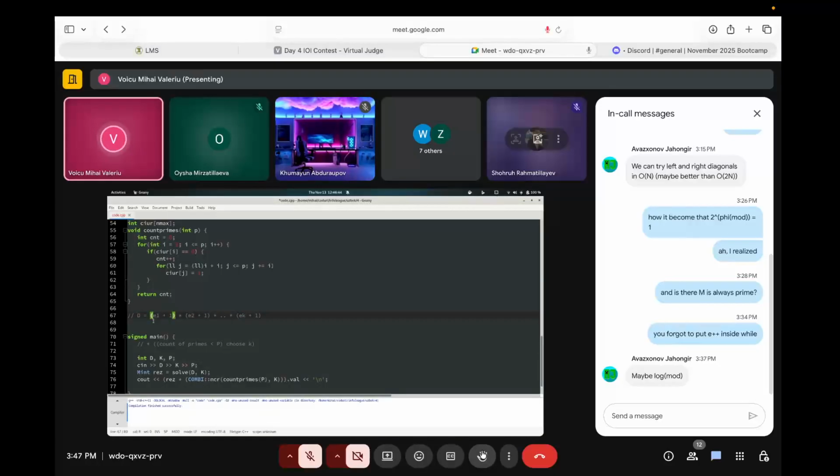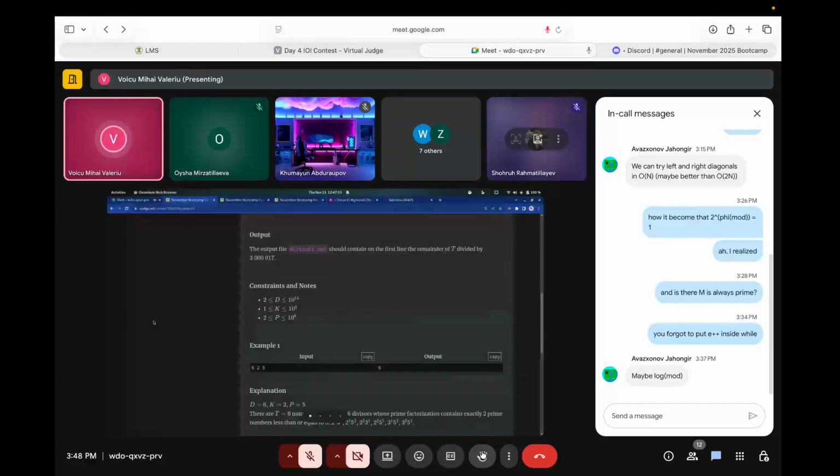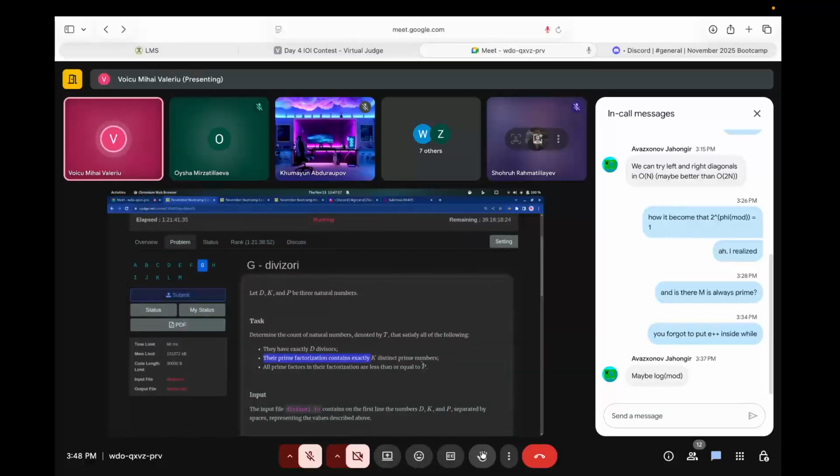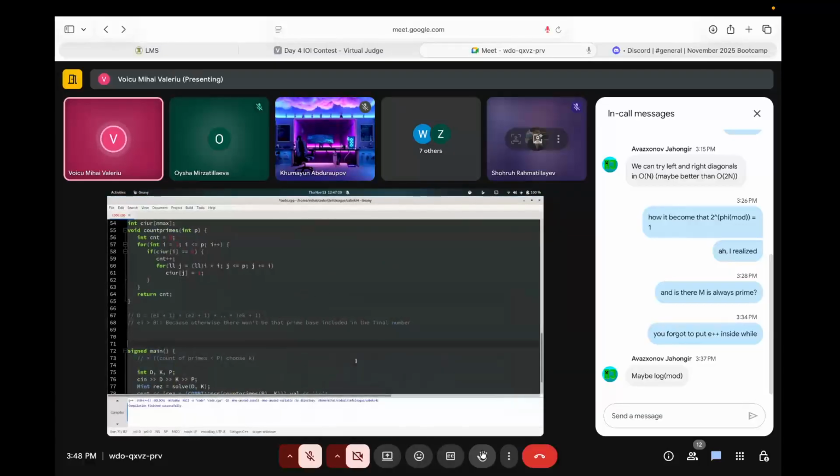Basically, we can ignore the fact that the divisors have to be of the form E1 plus 1. But what we cannot ignore is the fact that every exponent EI has to be greater than 0, because otherwise that prime base won't be included in the final number. So then we don't actually have K prime numbers in the factorization, which they really ask us to have, but we'll have less.